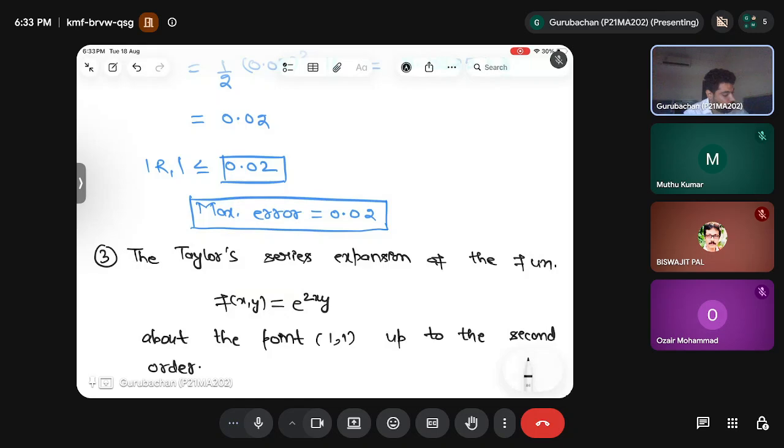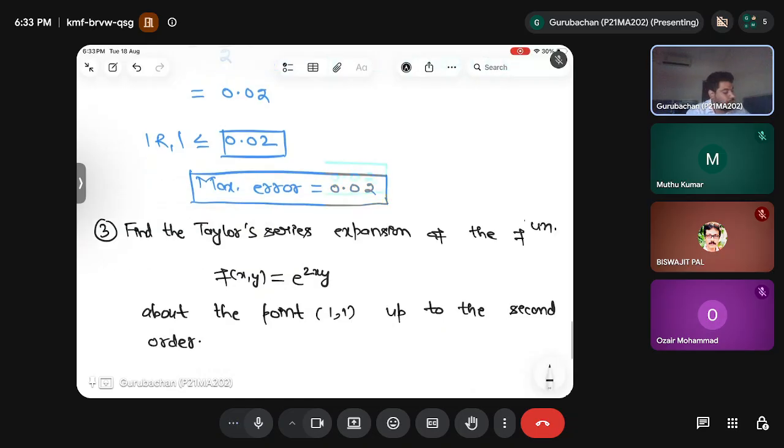Let me rephrase it a little: find the second degree polynomial.